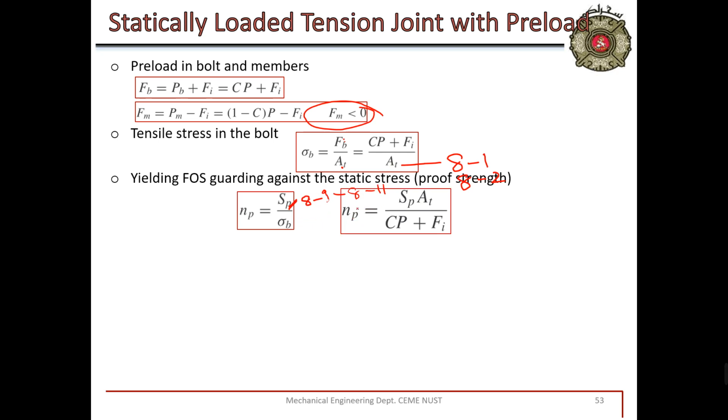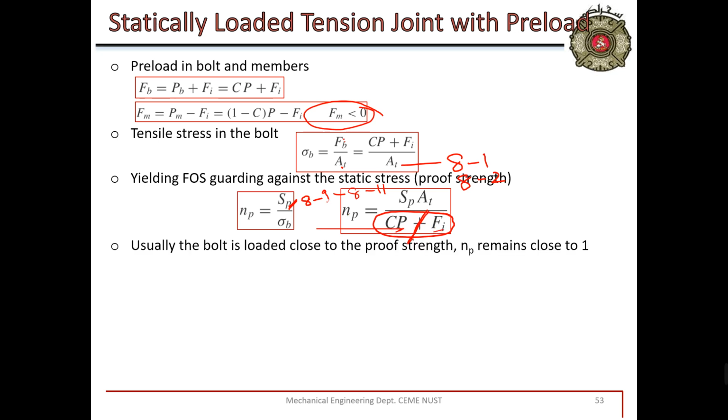If you simplify and solve this, we get np equal to this. Here you note that np is multiplied with both these parameters, Fi and Cp. But we know that by increasing external load, this value increases. So by changing anything, this will remain fixed.